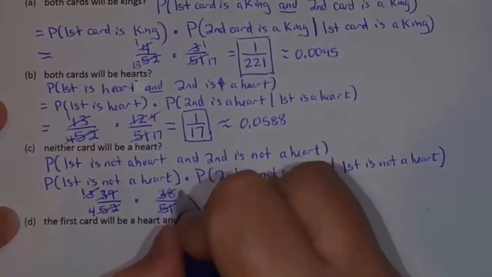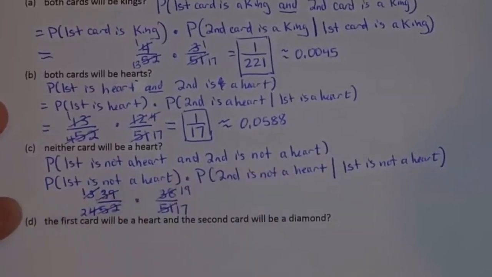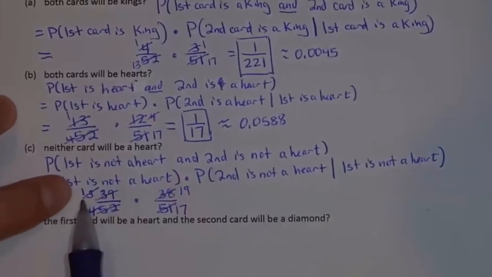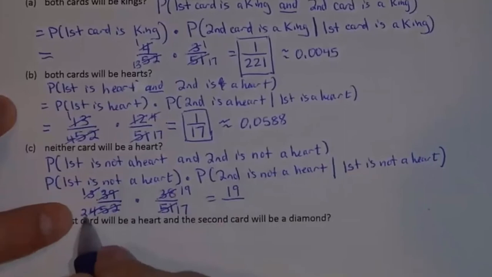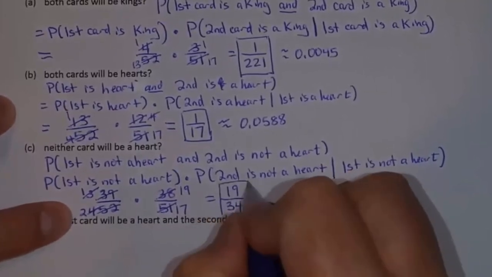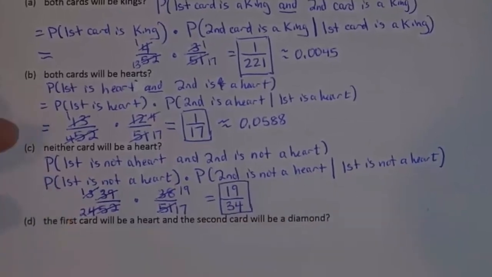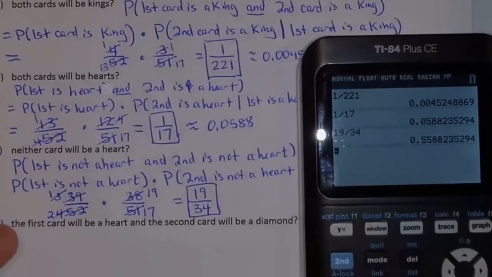So 38 divided by 2 will be 19. 4 divided by 2 will be 2. So I'm left with 1 times 19, which is 19, and 2 times 17, which is 34. So the probability would be 19 out of 34, or that would be 0.5588.